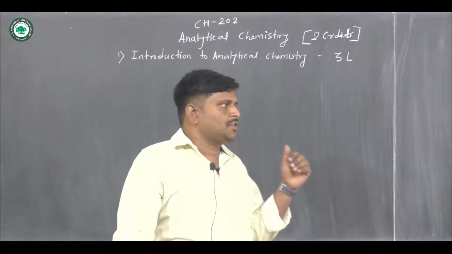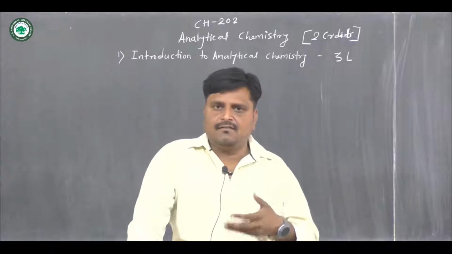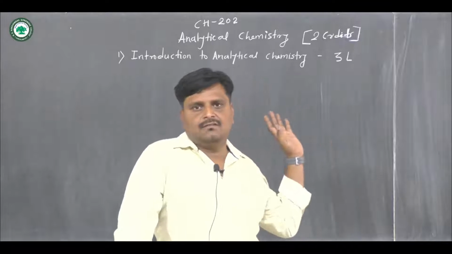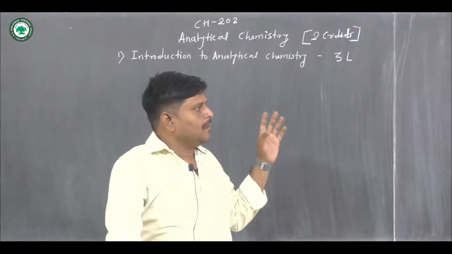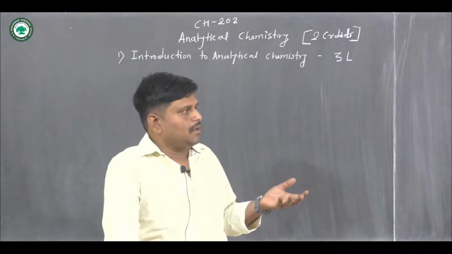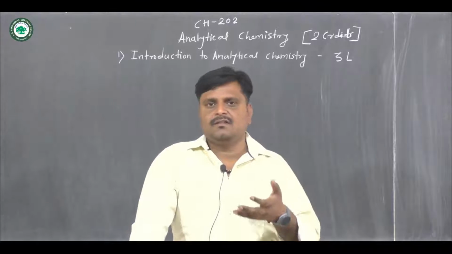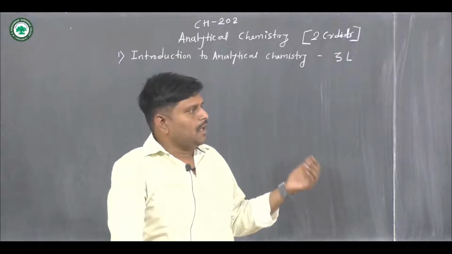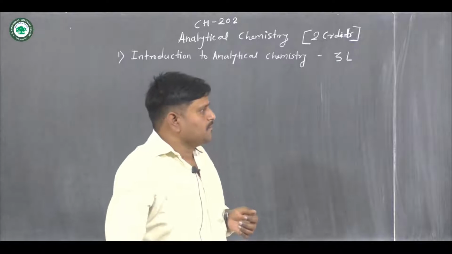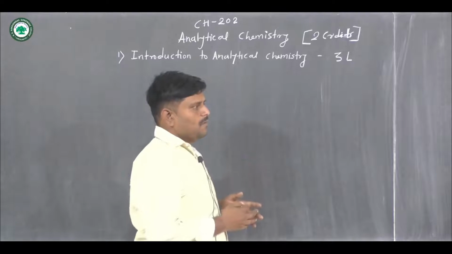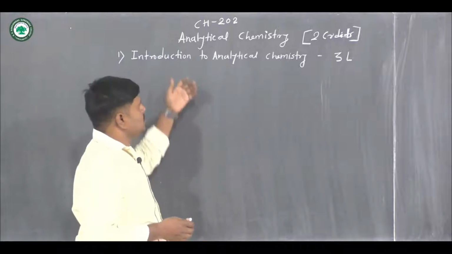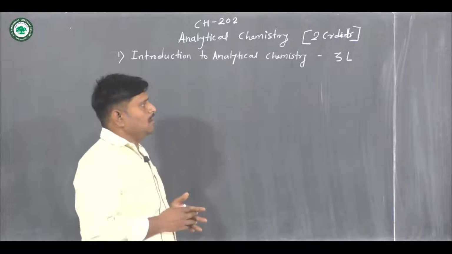In the university section, the student will give a theory exam of about 35 marks, and the remaining 15 marks are for internal evaluation, which contains internal assignments, the semester's overall performance, and attendance. The 36 lectures are divided into 5 topics, and the first topic, Introduction to Analytical Chemistry, is of about 3 lectures.